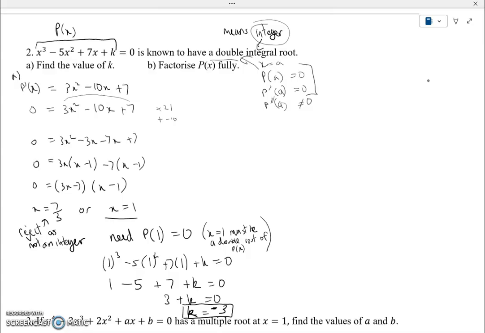Okay, B, factorize that polynomial fully. So you've got two options, right? We know that x equals 1 is a double root, so we can write our polynomial in the form x minus 1 squared, and that's cubic, so therefore we need an ax plus b term here, and you can quickly work out what a and b must be. That's method 1.